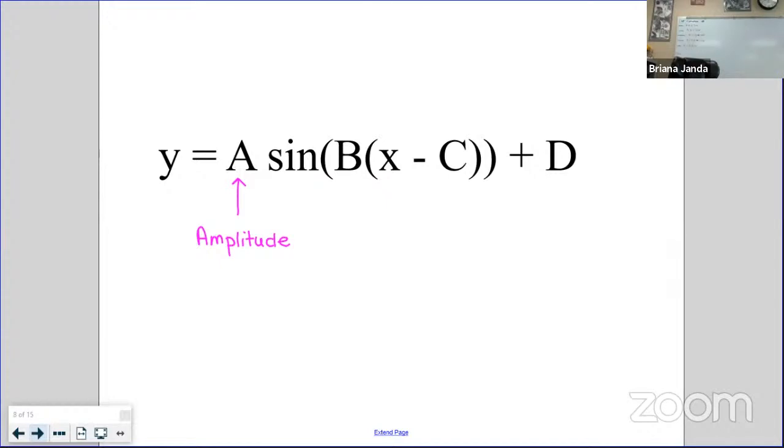Notes that I'm going to make for myself on my amplitude is that it is my distance above and below the midline. And again, because it is a distance, my answer is always positive.